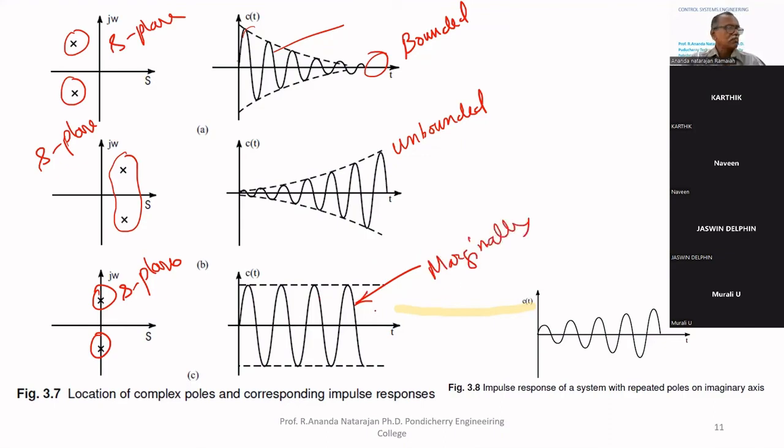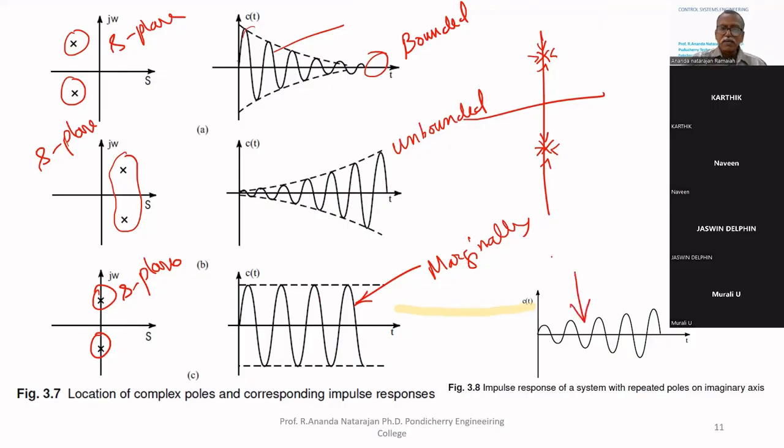Suppose I have 2 repeated poles on the J omega axis, then it is unstable. If 1 pole is on the J omega axis, no problem. Oscillation, marginally stable.